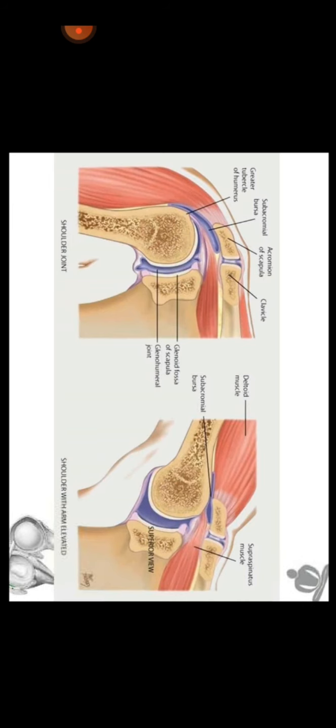After chronic microtraumas and vascular impairment, the pathology goes towards partial tear of the rotator cuff, mainly, of course, the supraspinatus tendon only.